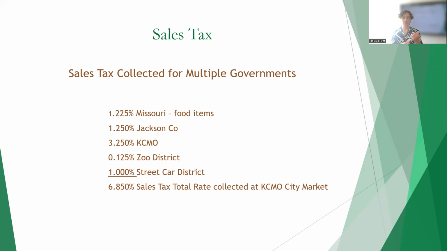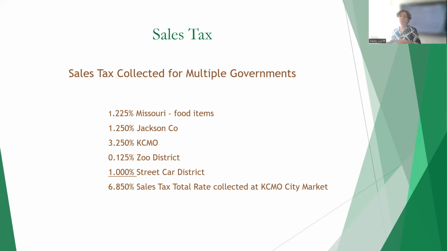And we pay Missouri food items tax if we're over the 25,000. We pay to Jackson County, we pay to Kansas City, Missouri, the city. There's also some special taxing districts in the city market area, which you can have special taxing districts anywhere. So it's in the zoo district and the streetcar district.